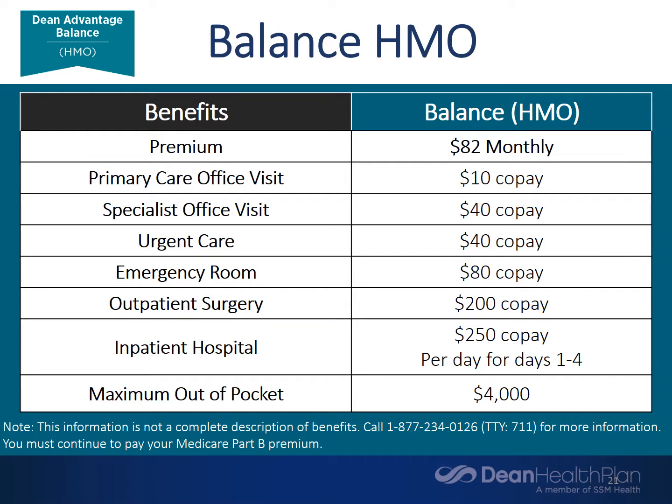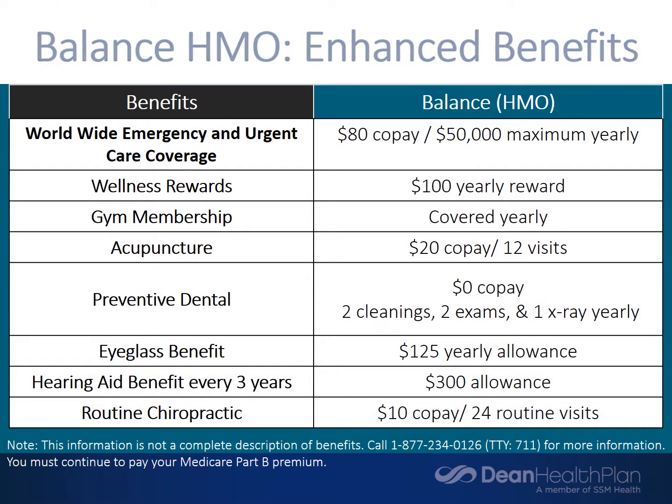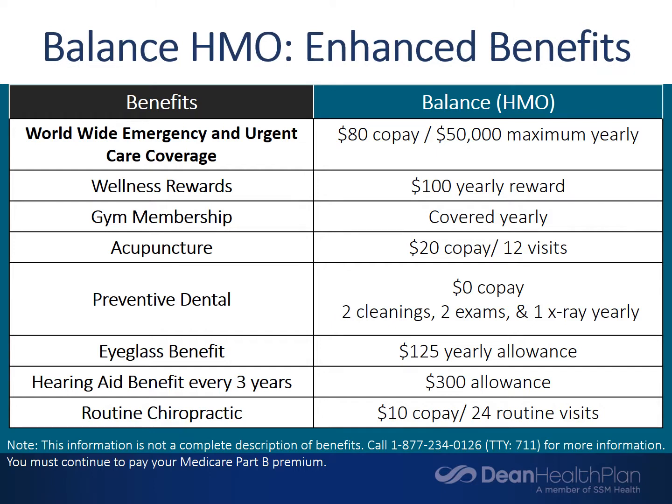$4,000 maximum out-of-pocket. Some enhanced benefits of the Balance Plan include $80 copay up to an annual maximum of $50,000 for worldwide emergent and urgent coverage. Earn up to $100 in healthy rewards. Gym membership is covered yearly when using a network Silver and Fit gym. $20 copay up to 12 routine visits annually for acupuncture services.